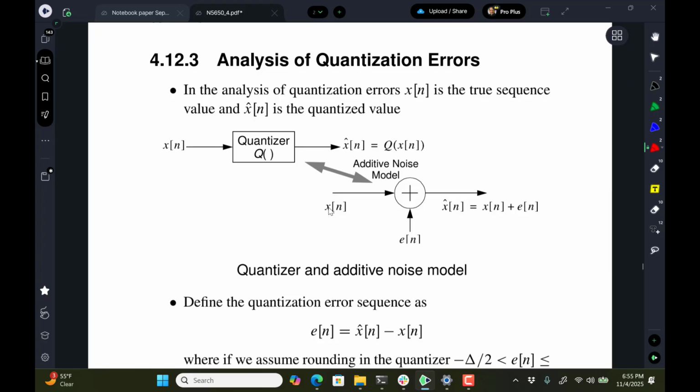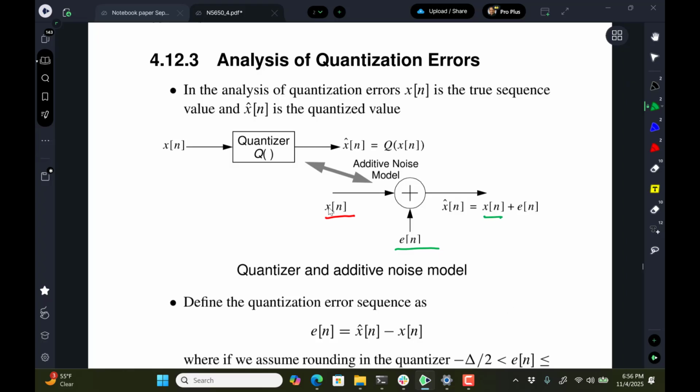So our quantizer model, our linear model, is to say that our signal comes in, and we're going to add to it a quantization error, which is going to be a random process, such that the impact of the quantization model is it outputs our true value, but it applies an error to that true value as a result of the quantization.